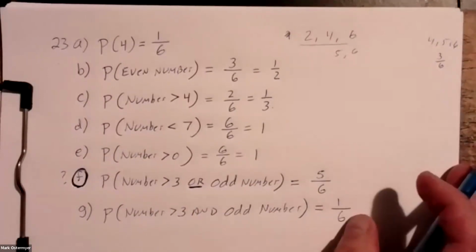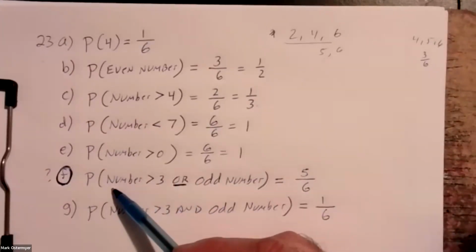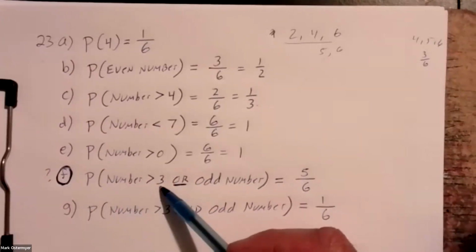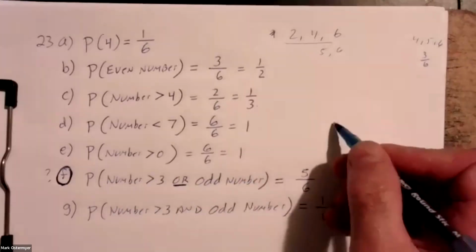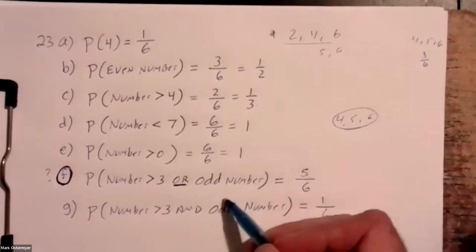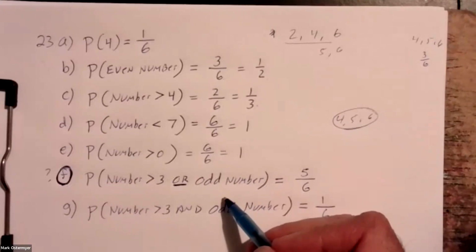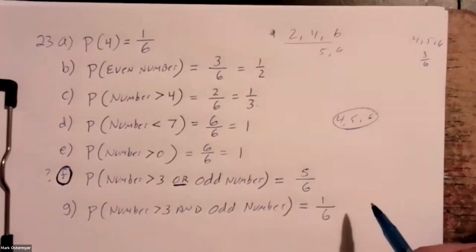The best I could do with this problem is to view it this way. How many ways can we roll a number greater than 3? Well, that would be if we roll a 4, a 5, or a 6. That's 3 ways. How many ways can we roll an odd number? Well, that would occur if we rolled a what? A 1, a 3, or a 5. Okay.